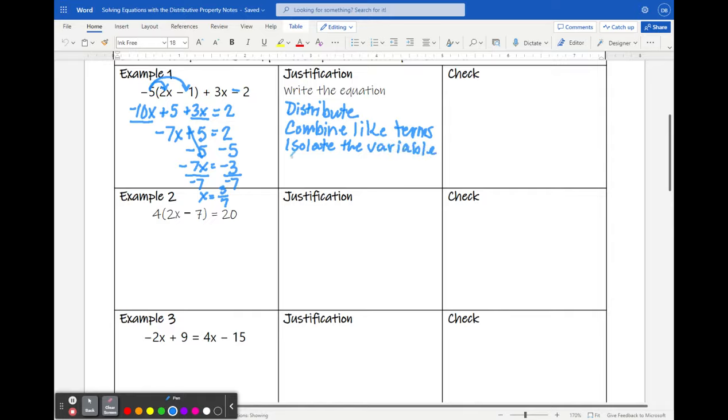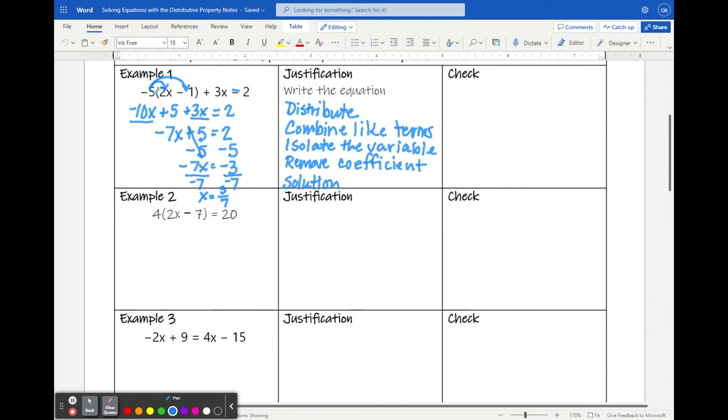Then I removed the coefficient. And I am left with my solution. I believe my solution to be x is equal to a positive 3/7.